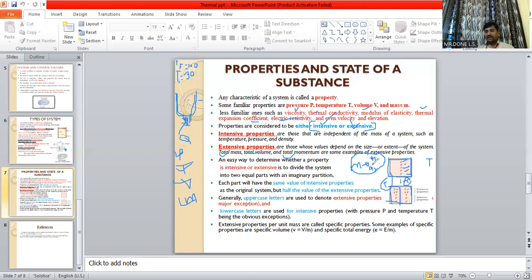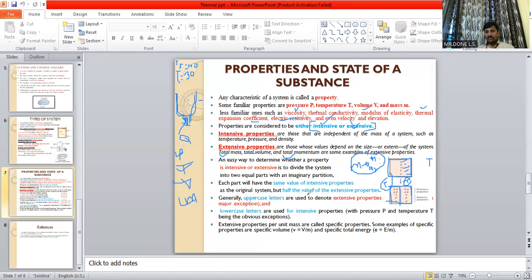But mass is divided into two parts, half of M for this part and half of M for this part. Similarly, volume is also divided into two parts, half V and half V. So each part will have the same value of intensive properties as the original system, but half of the value of the extensive properties.